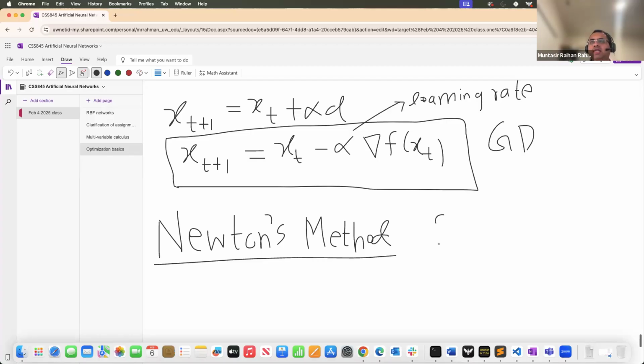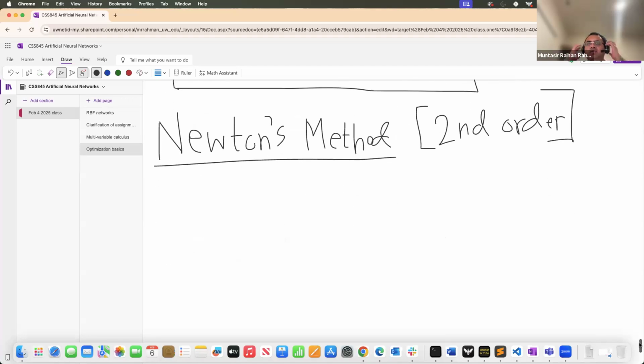So Newton's method is a second order method, which means that it requires both the gradient and the Hessian, which is the second order derivative. So we need to compute both the Hessian and the gradient to use Newton's method. Okay, so let's look at how to get Newton's method.